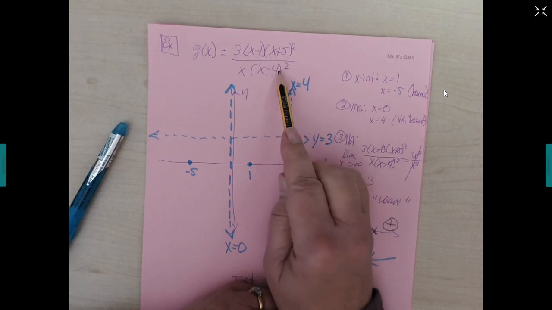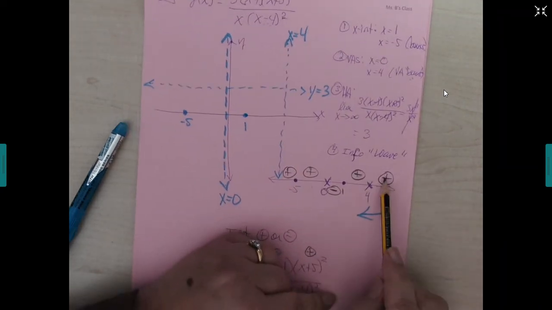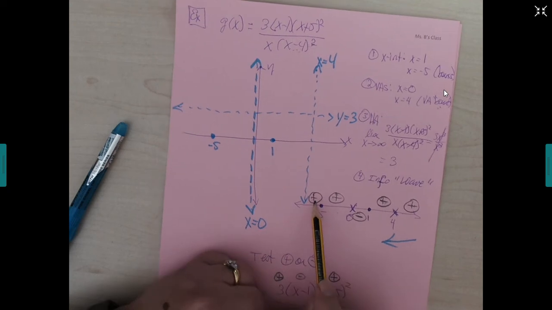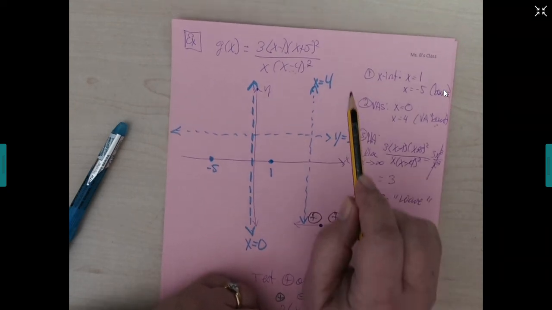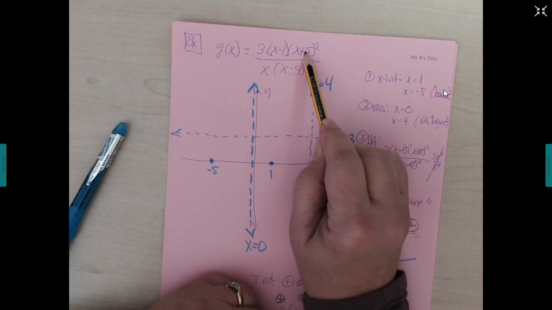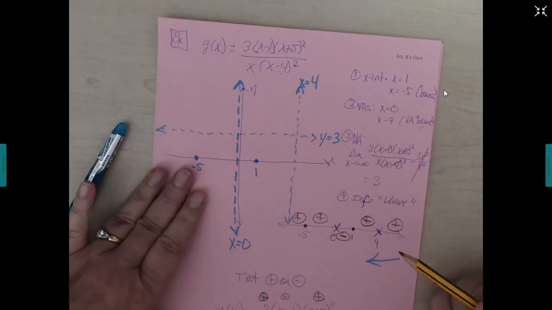Oh, what is that? That's called a vertical asymptote bounce. Okay? How about over here and here around this 0? Does that make sense with your function? A 0 bounce. Okay? All right, so let's put this together.